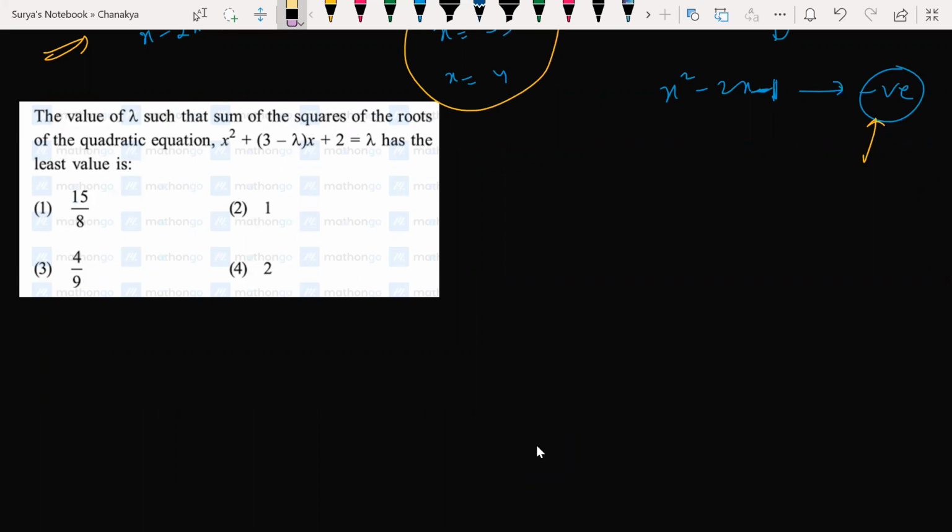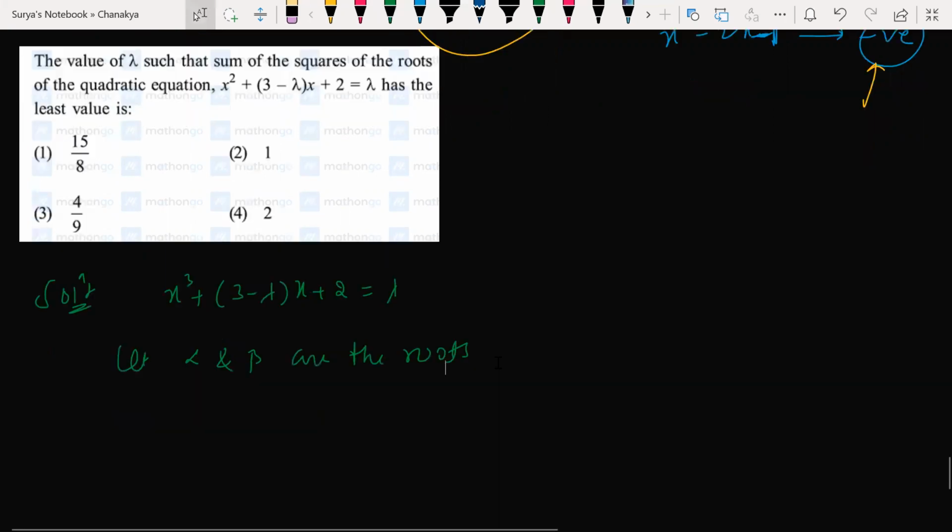Look at this here. Have you all got the answer? x cube plus 3 minus lambda into x plus 2 is equal to lambda. Let alpha and beta be the roots.